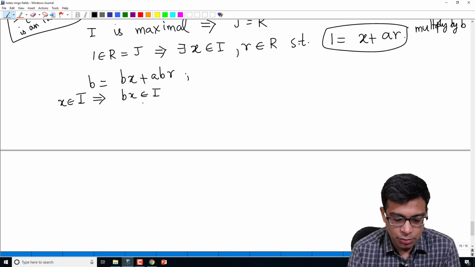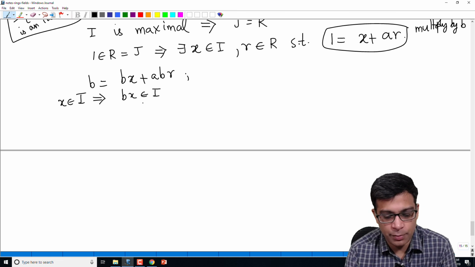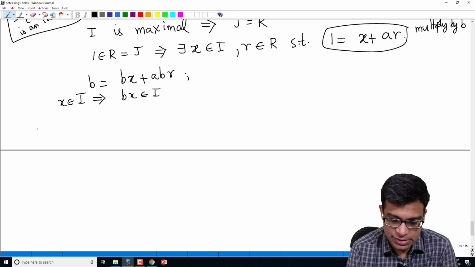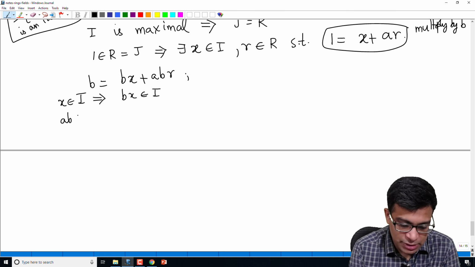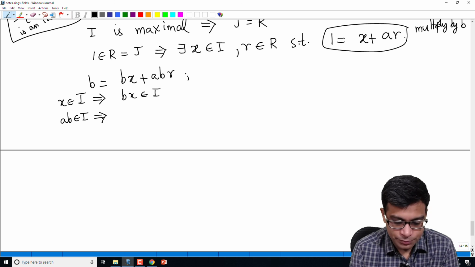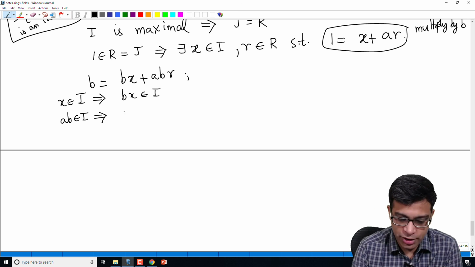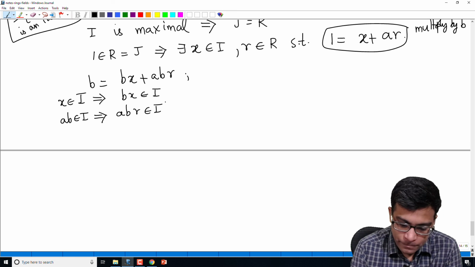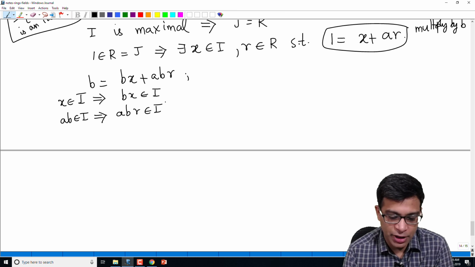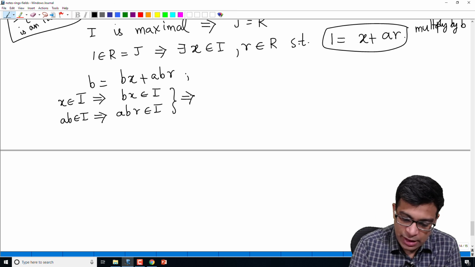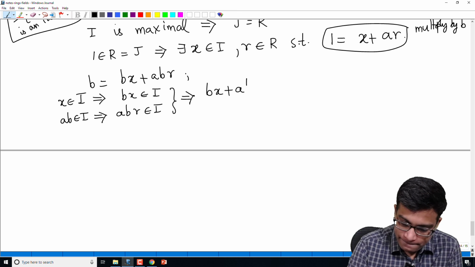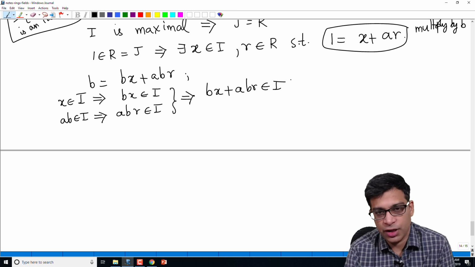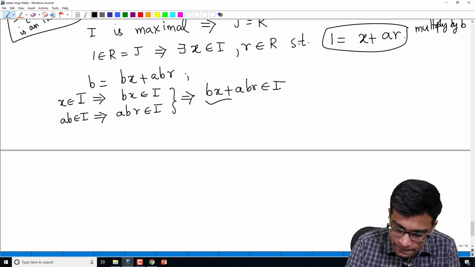Correct? Because I is an ideal, you multiply anything by an arbitrary ring element. We don't need anything about B here. B is any ring element, Bx is in I. And also by hypothesis, AB is in I, because we have taken two elements whose product is in I. So ABR is in I. So Bx is in I, ABR is in I, hence their sum is in I. But what is this sum?